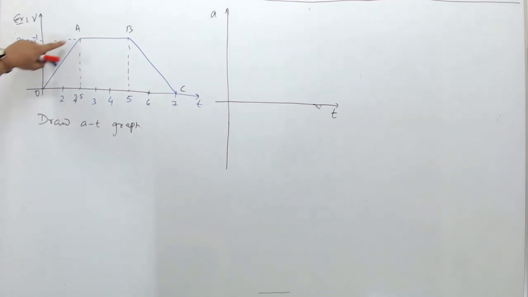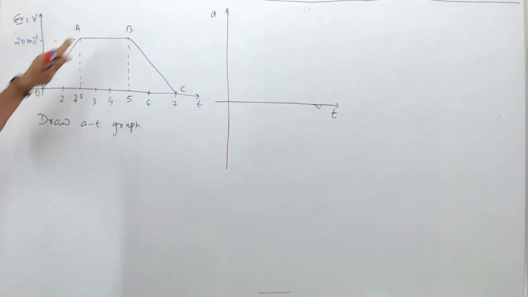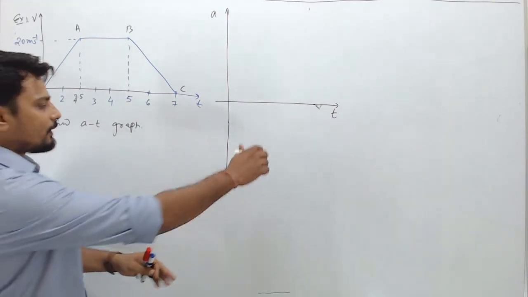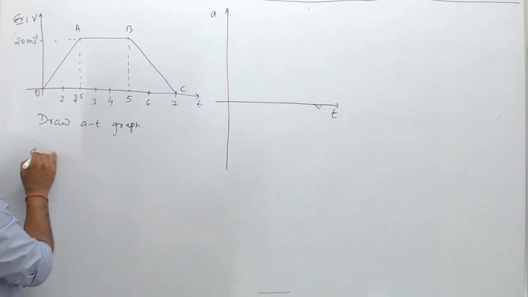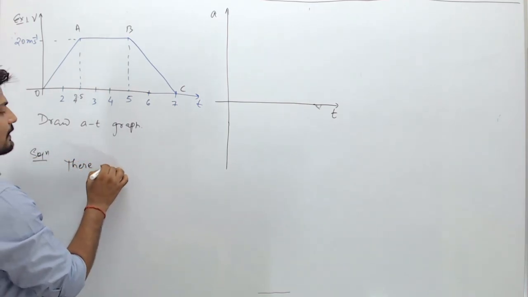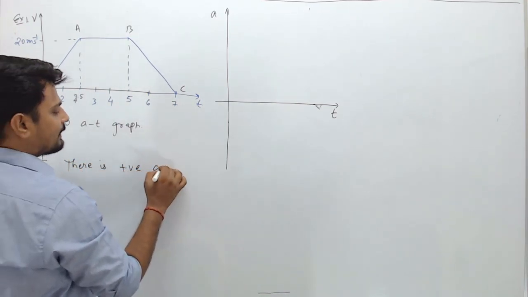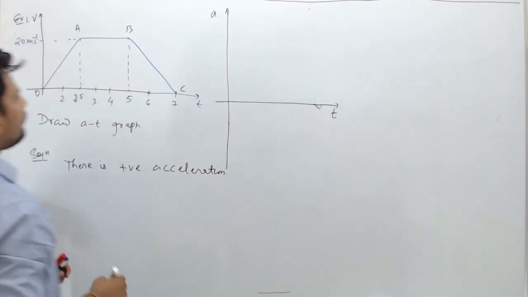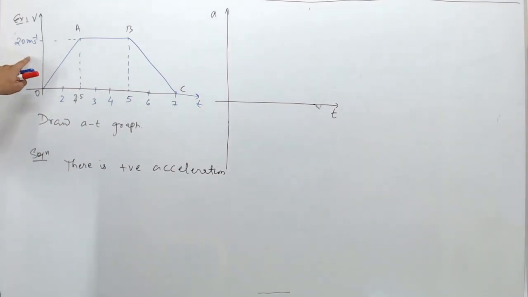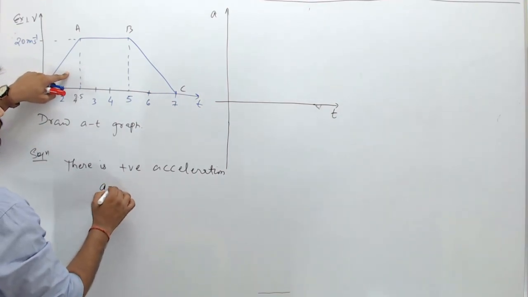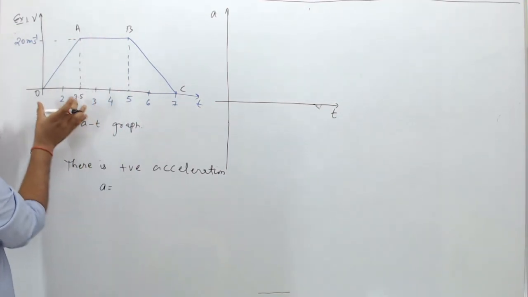From O to A, the body's velocity is increasing. It clearly means we have some acceleration, a positive acceleration. How much? The slope of the velocity time graph gives you acceleration. So the acceleration is velocity upon time.